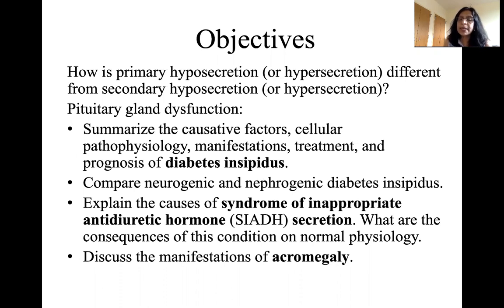So that would be our focus in this video. In the subsequent videos, we will talk about abnormalities related to thyroid gland or adrenal gland and so on. All right, so let's get going.